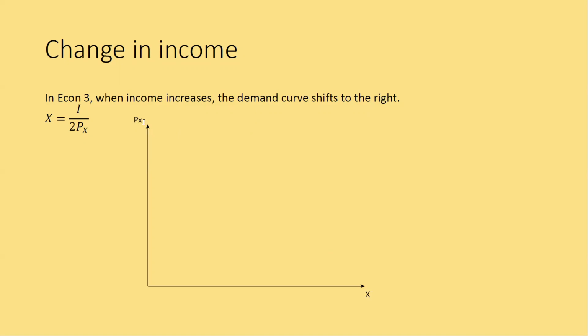The relationship between PX and X. For different values of X, the demand curve, which in this case is not a straight line, is going to be something like this. So this is when income equals some level of income, I1, and when income changes to a different level, I2, we see a shift of our demand curve.